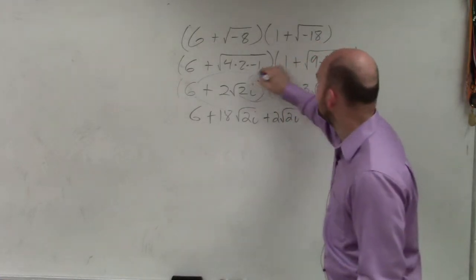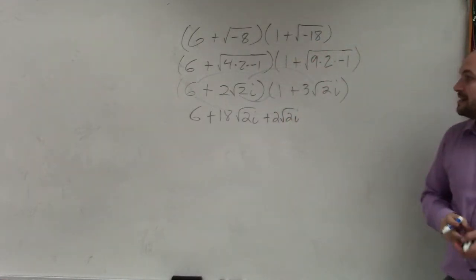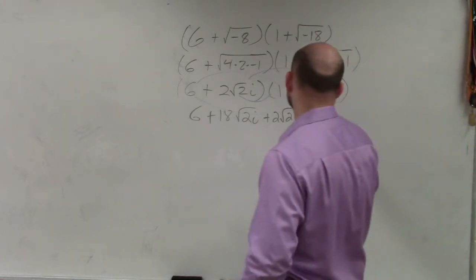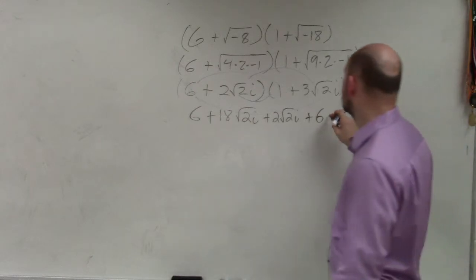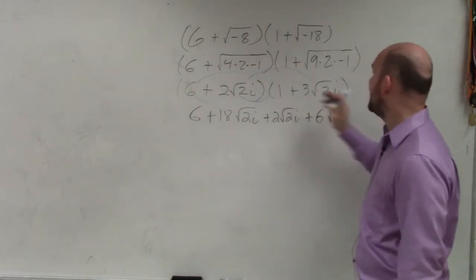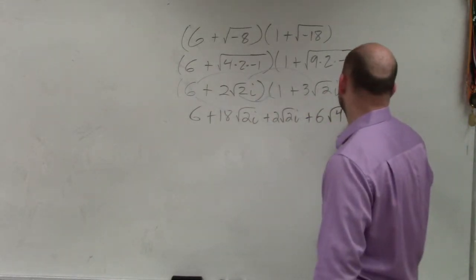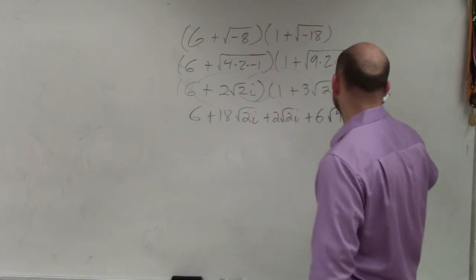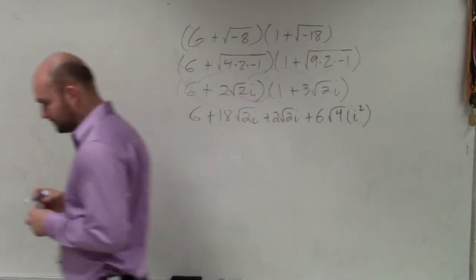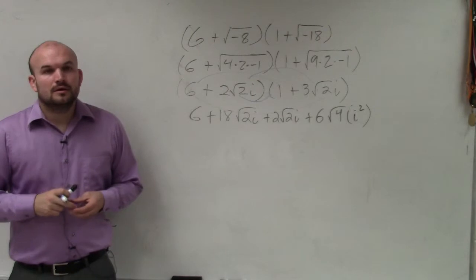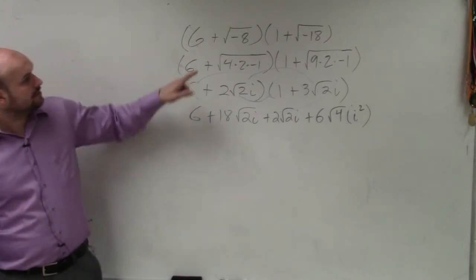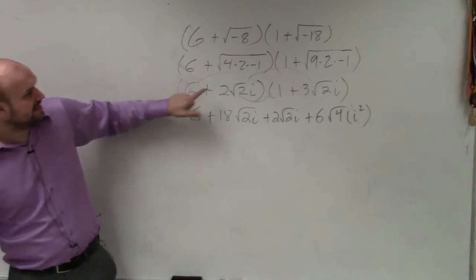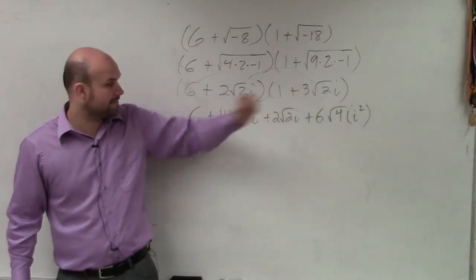And then I multiply my last two terms, which would be 2 times 3, which is going to give you 6. Square root of 2 times square root of 2 is going to give you square root of 4. And then i times i is going to give you i squared.